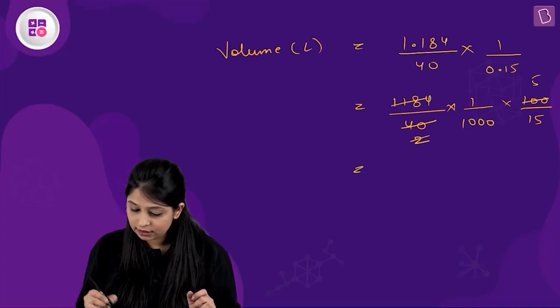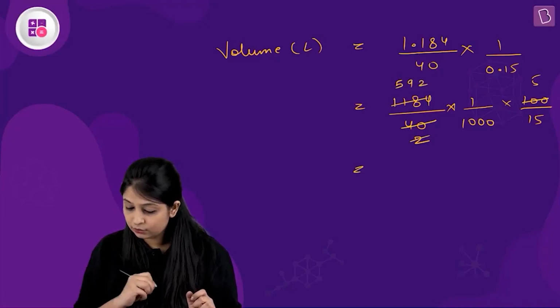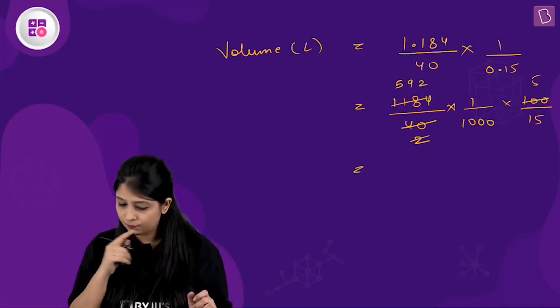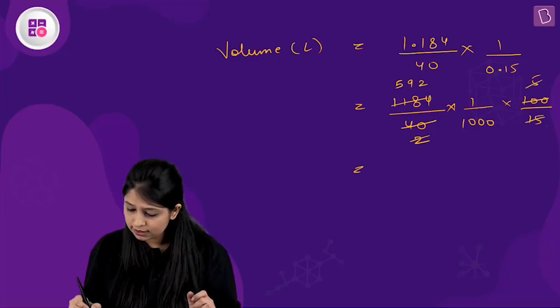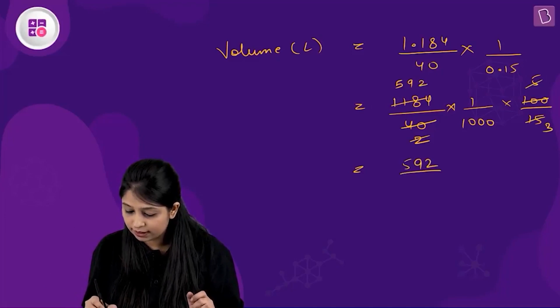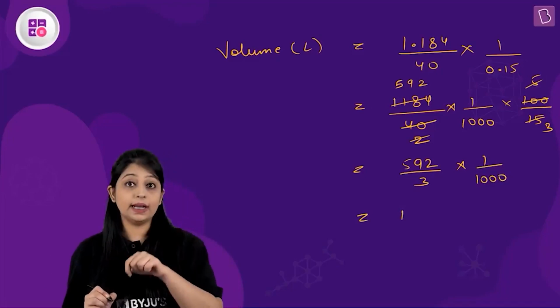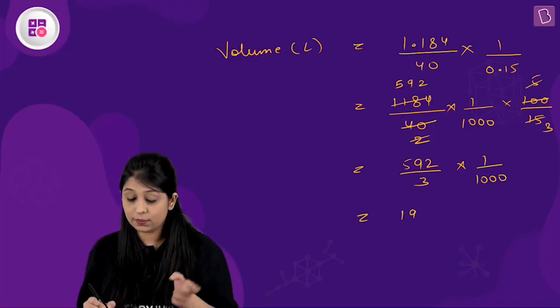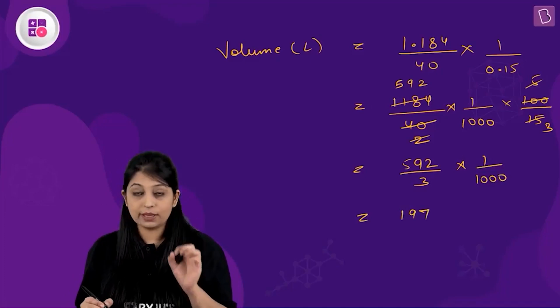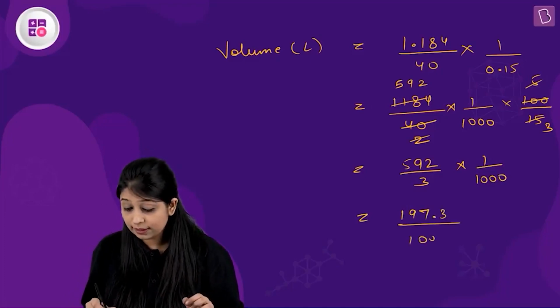Let's calculate this. 2 5s are 10, 9s are 18, 2 5 2s are 4. So 592, correct? So this is 5 3s are 15. So what do we have here? We have to divide 592 by 3, and we have 1000 in the denominator. So this is 3 1s are 3. Then it comes 29. So 9s are 27, 22, 7s are 21, 10.33, right? So this is also divided by 1000.